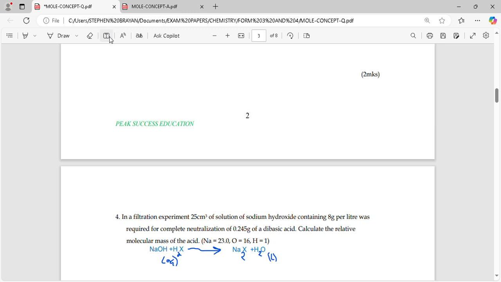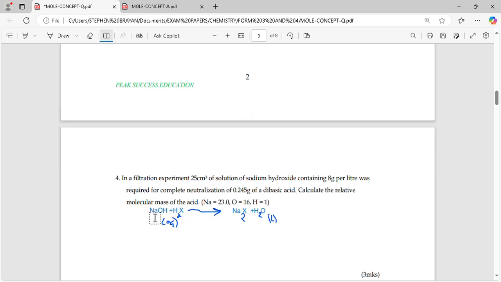There are several ways I can do that. I'll write here 2 for sodium hydroxide, and you remember that when I write 2 here, hydrogens on this side becomes 4. So I must also write here 2, so that 2 times 2 will make hydrogen 4 on this side.